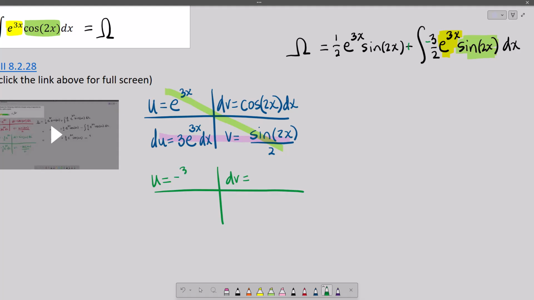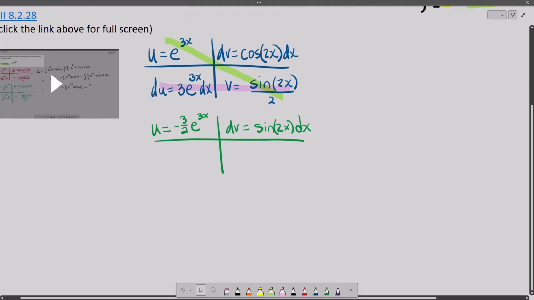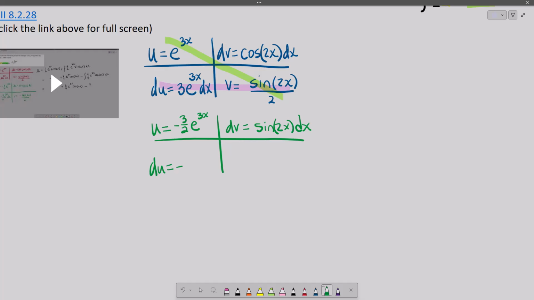So I'll put minus 3/2 e to the 3x here and sine of 2x. And don't forget that the differential has to be here. That dx is part of the integrand. It comes with the dv so that you can integrate both sides. So you've got the v and the x separated. So in our derivative column, derivative of an exponential is itself multiplied by the derivative of the exponent.